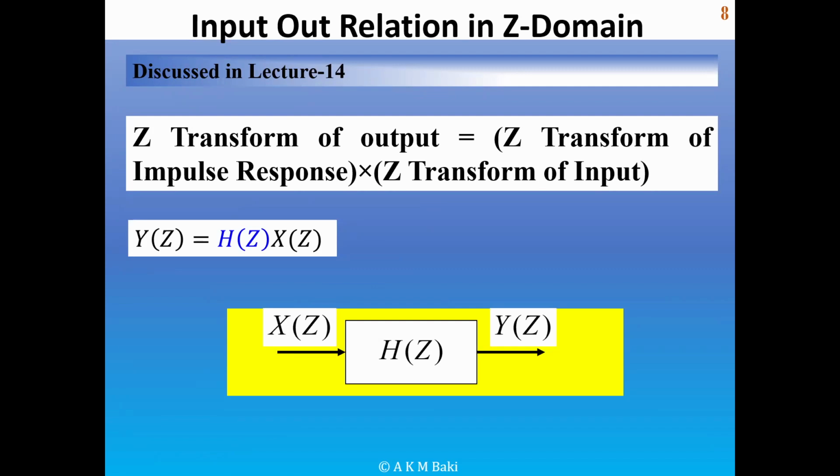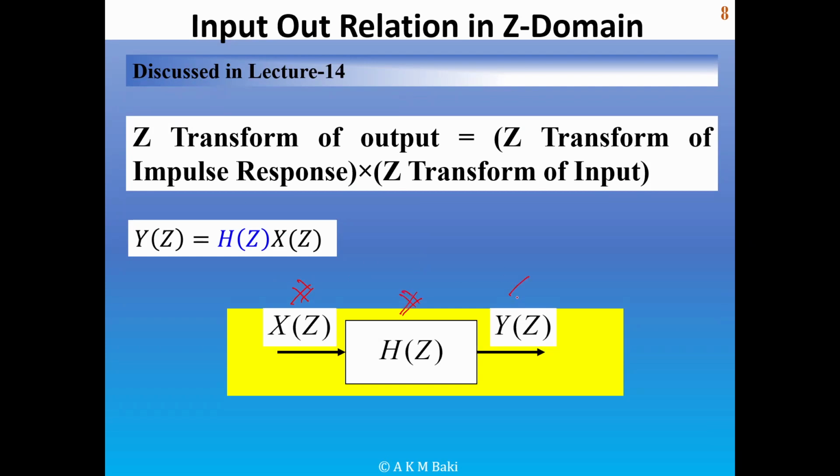Now let us consider what is meant by transfer function, or the relation among these three terms.